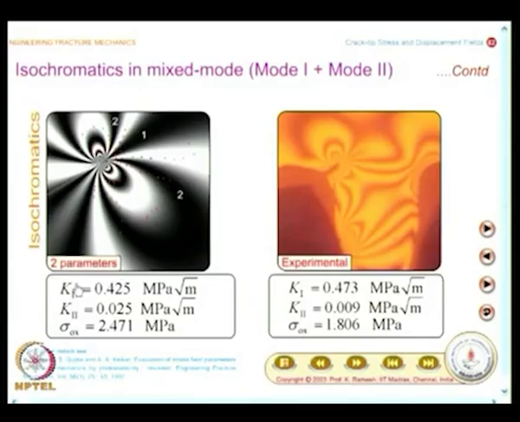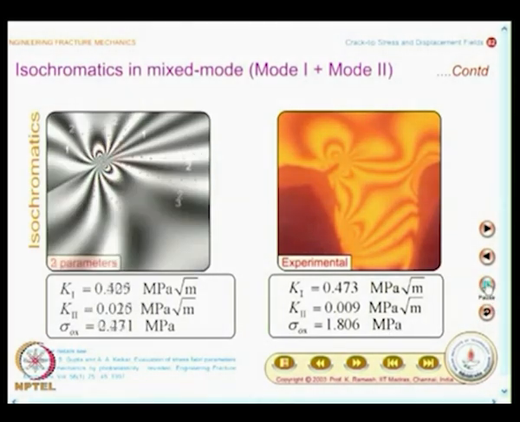Our focus is finally on what is the value of k1 and k2 from the experimental fringe pattern. But in order to do this, you may have to model a 6 parameter mode 1 and 6 parameter mode 2 solution, and finally arrive at what is the value of k1 and k2.